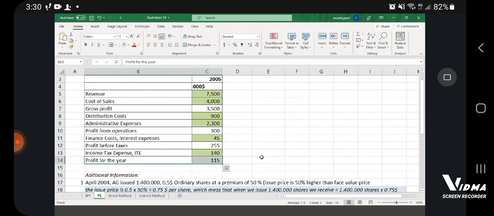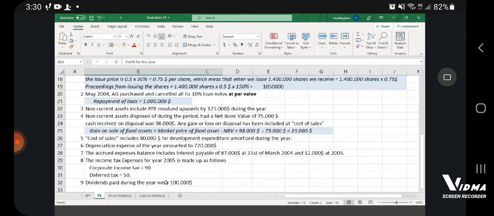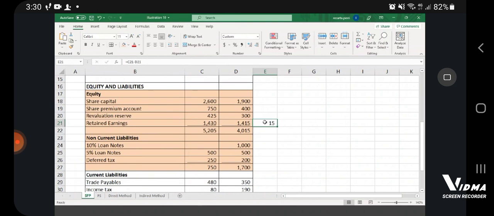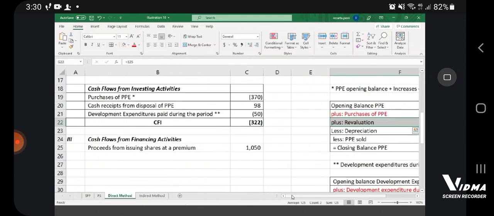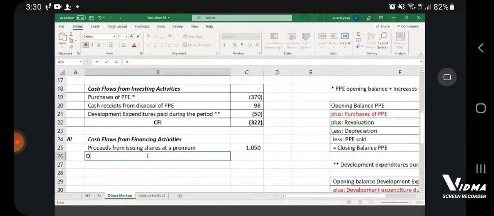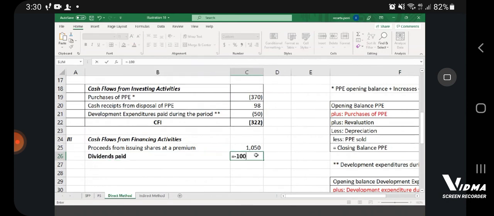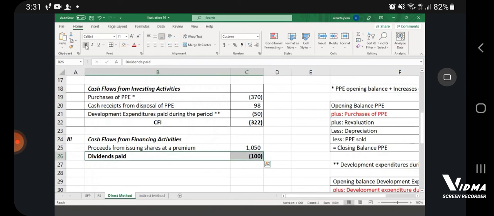The profit for the year is 150, and this has been used for two different reasons. 100 I have used to pay dividends, and the other 15 is used to increase the retained earnings. Everything is okay. Nothing is wrong over there. So when I come to the direct method, under the financing activities, I may add dividends paid. And we have paid dividends equal to, don't forget the minus sign because this is a cash outflow, 100 or 100,000.